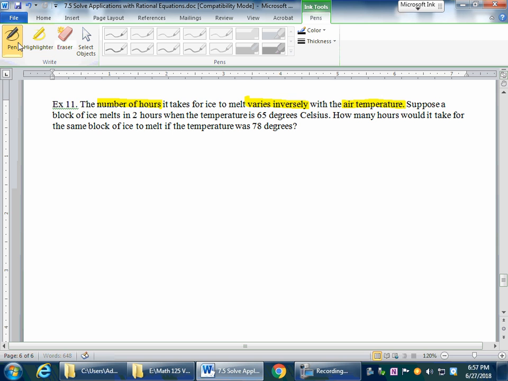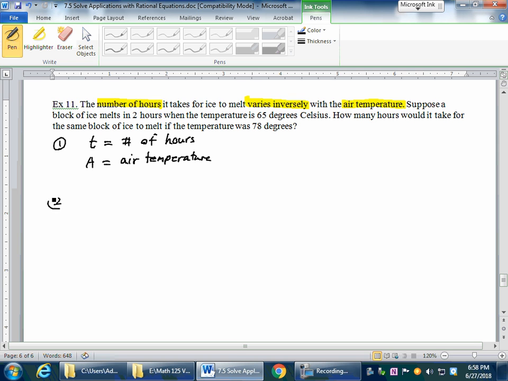So my unknowns in this case will be, I can say let T be equal to the number of hours, and the air temperature, let's say A. So let A be equal to air temperature.